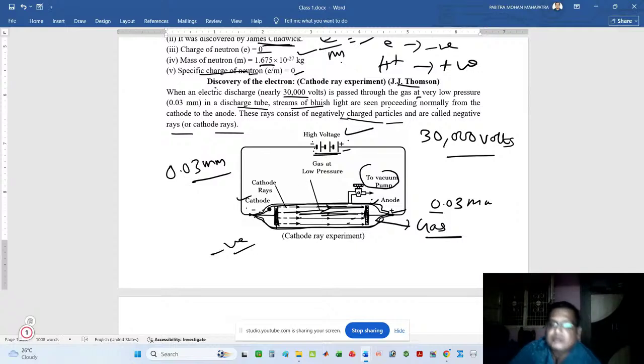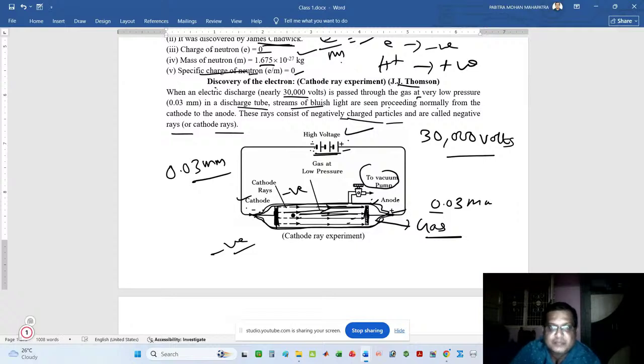Since the cathode is connected to the negative terminal of the battery, the electrode must be a negative electrode. The anode is connected to the positive terminal of the battery, so it is a positive electrode. The ray moves from the negative electrode to which electrode? The positive electrode.